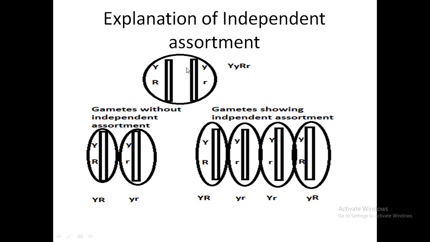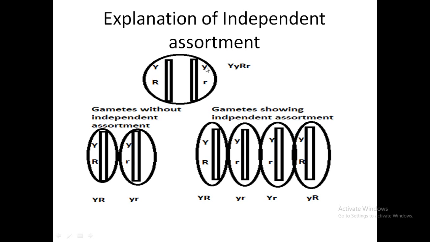Suppose nothing happens to these two alleles, and these two alleles are exchanged, meaning this small y recessive allele comes here and this capital Y dominant allele goes to the other chromosome.